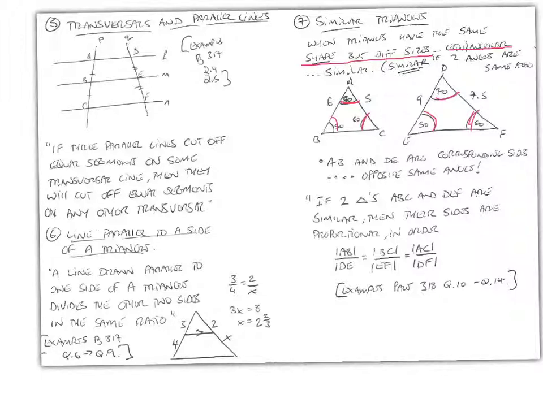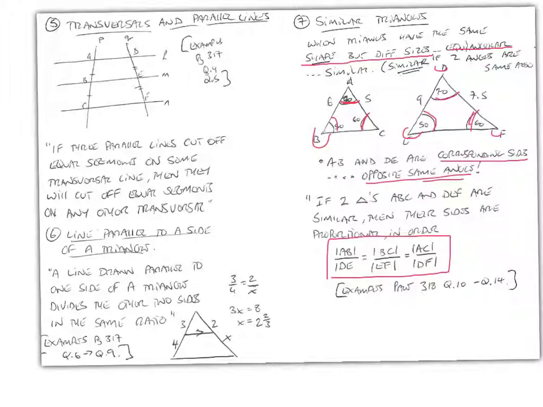So we have two similar triangles here, ABC and DEF. Basically, if two triangles, ABC and DEF, are similar, then their sides are proportional in this order, given here. For this theorem, we have to look for what's known as the corresponding sides, and the corresponding sides are those sides that are opposite the same angles.